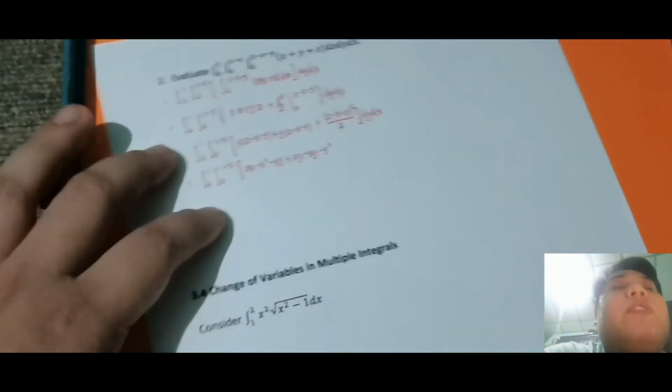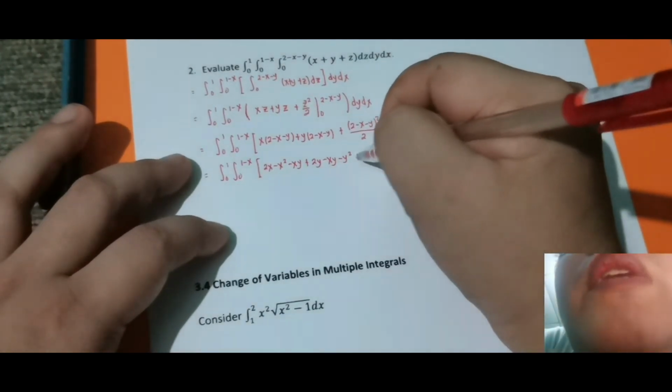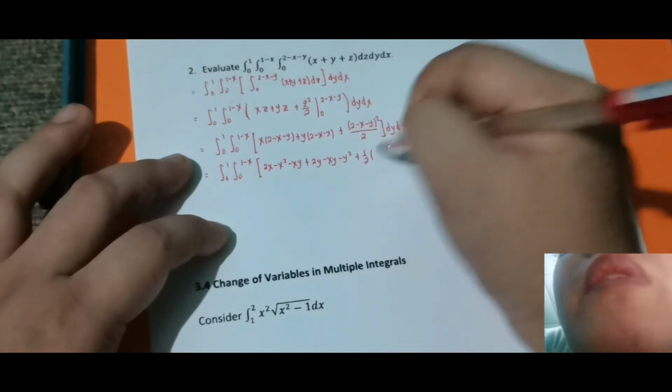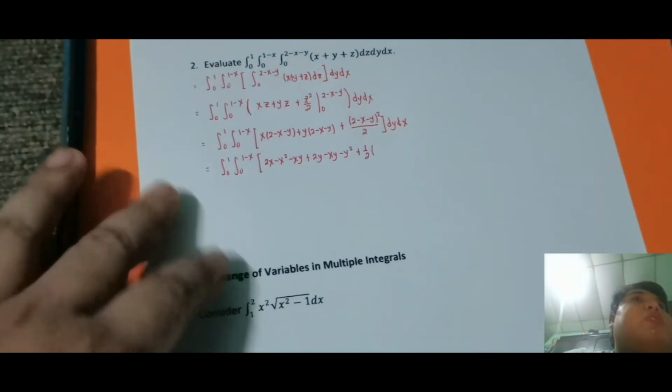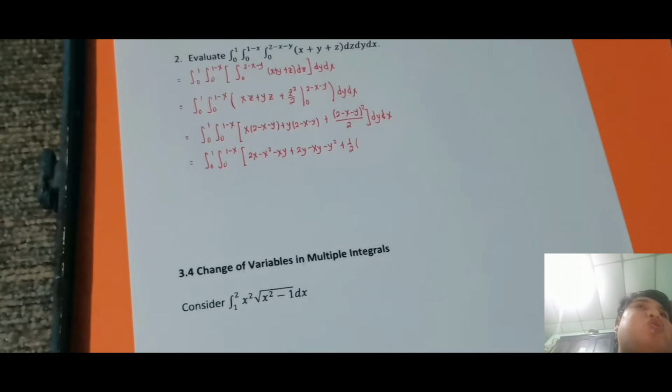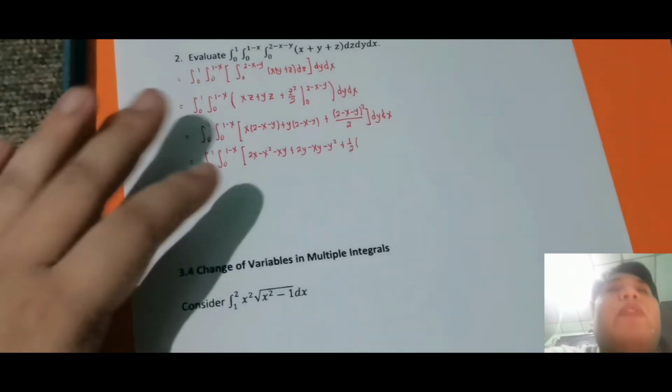Okay, then pag in-expand sa taas, lagay ko lang muna dito, plus 1 half multiplied by, syempre ito yung 3 terms. So pag in-square ko yung trinomial, this is just equal sa a squared plus b squared plus c squared plus 2ab plus 2bc plus 2ac or something na ganun.